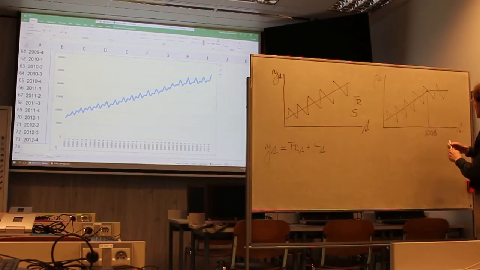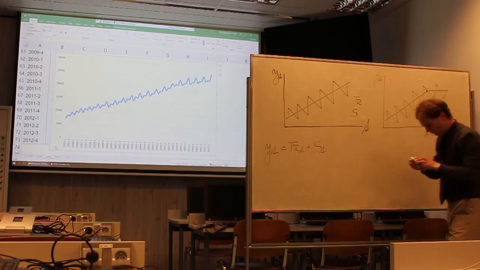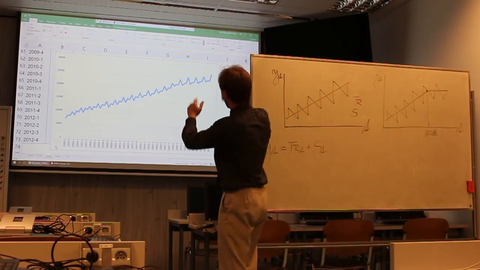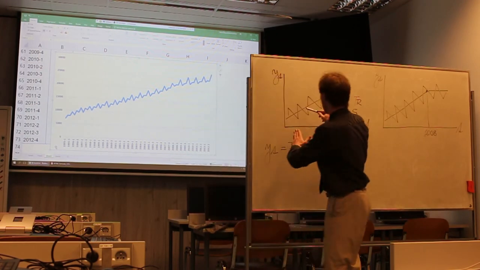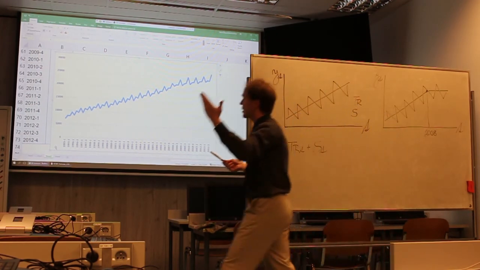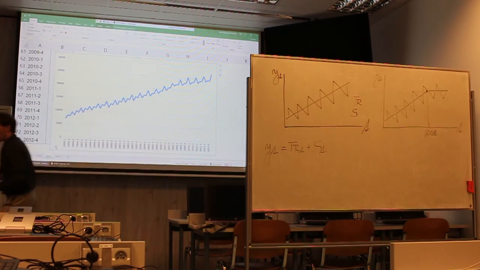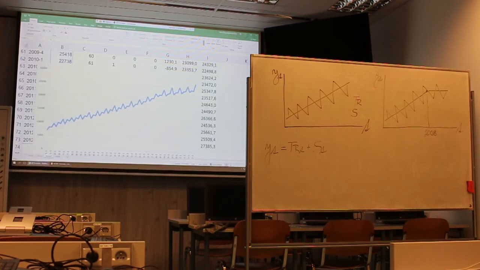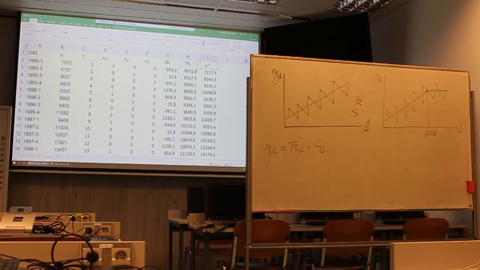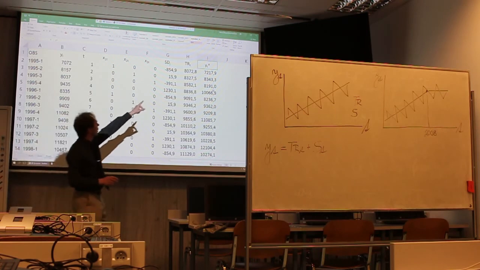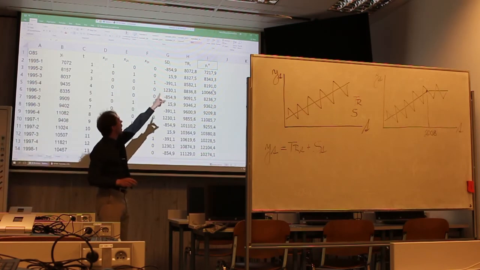Okay, so there we have empirical data, and we will compare these empirical data with our model, with fitted data. So I will use this column y in time t hat.